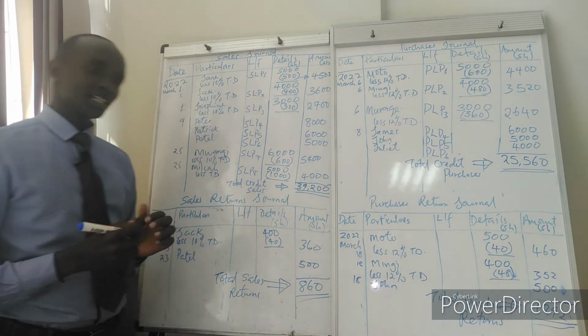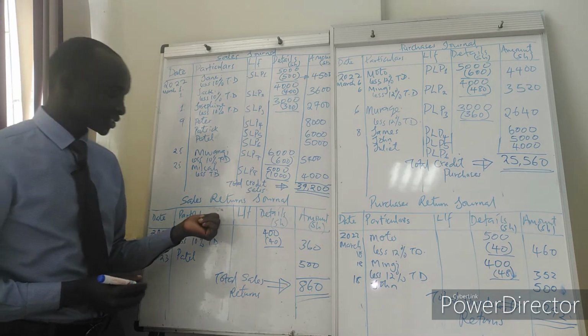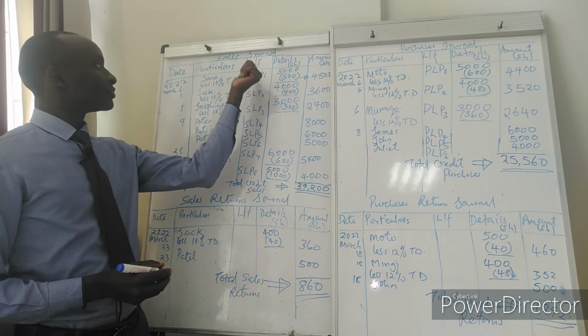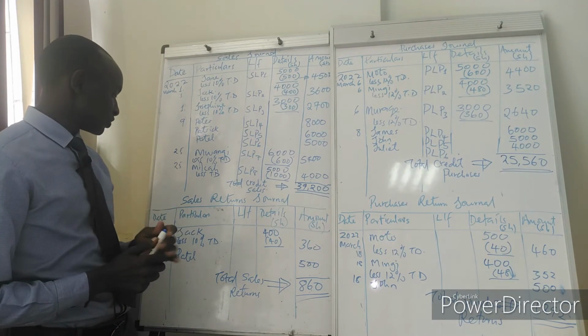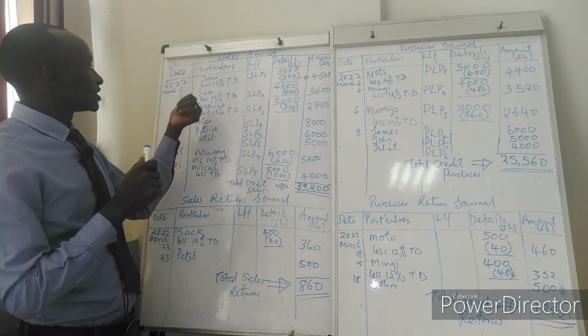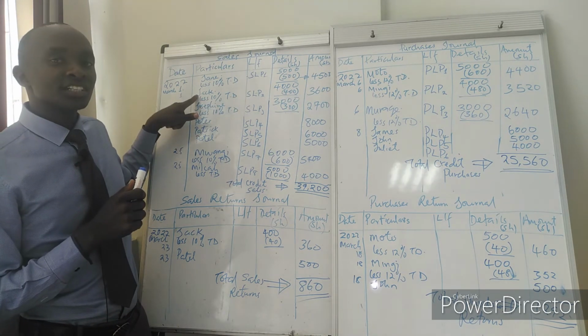Then you come to the sales returns journal, the ledger folio. The ledger folio for the sales returns journal will take the folio of the sales ledger. So let's move on. Jack, in sales ledger, page what? Sales ledger, page 2. There is an account of Jack, isn't it?